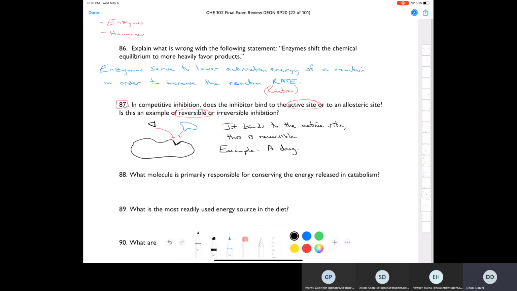But what happens to the drug over time? Some of it will dissociate from the active site and get metabolized. And that's why if you take a dose of ibuprofen, it's not good for the rest of your life, because you metabolize that. It doesn't stick to the active site. It is reversible, right? So some of it will remain bound, and then some of it will dissociate, get metabolized, and eventually the concentration will drop so low that you will not have the therapeutic effect of that drug.